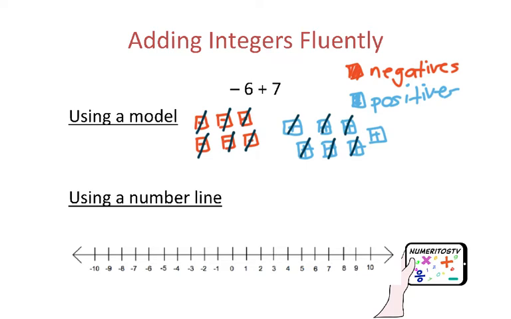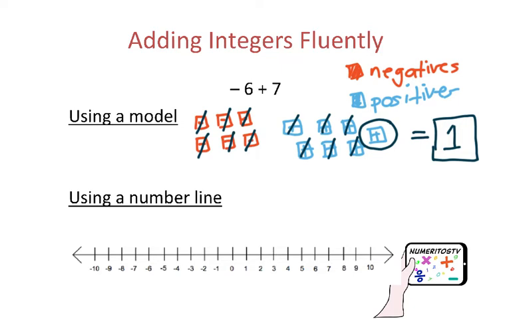So, how many tiles are left? Well, we can see that we have one blue tile and the blue represents positive. So, the answer will be 1 positive. So, negative 6 plus 7 equals positive 1.